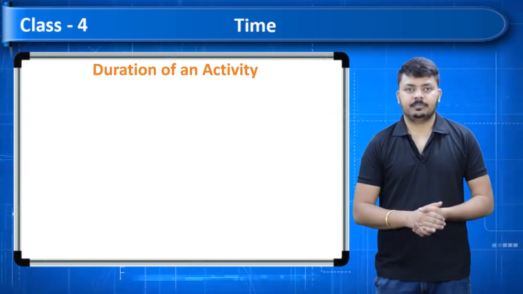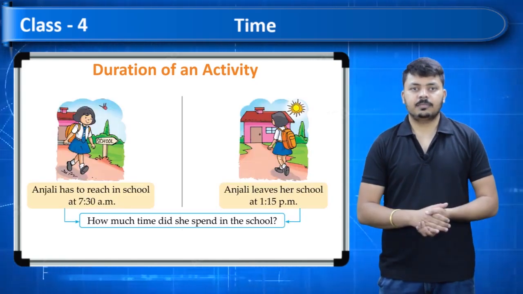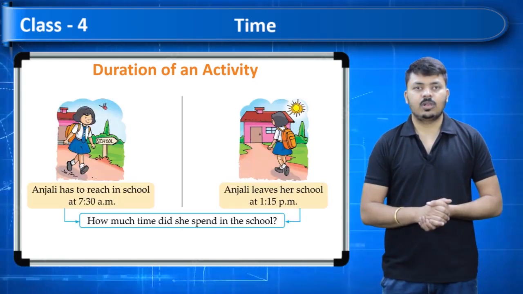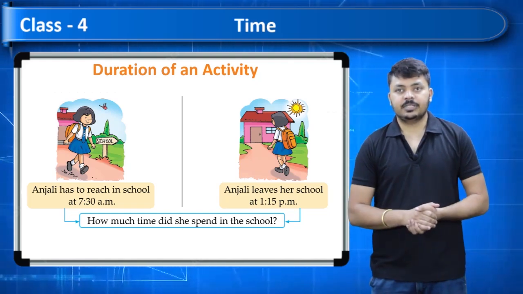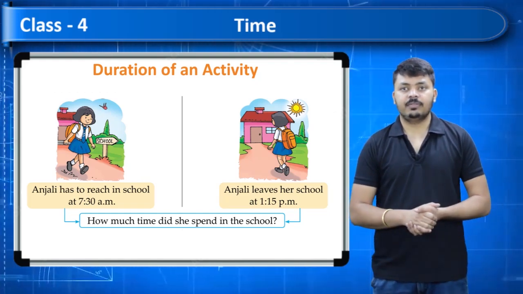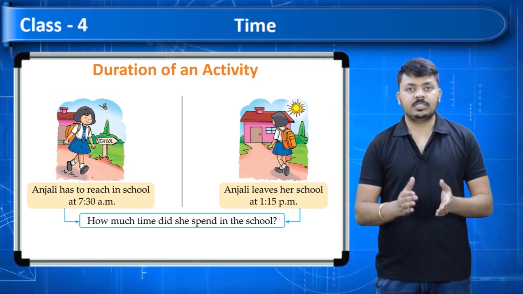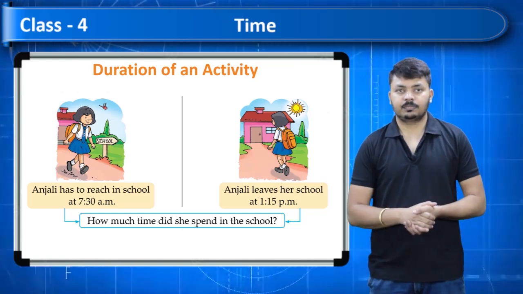Duration of an activity. As you can see, Anjali has to reach school at 7:30 am. In the second picture, Anjali leaves her school at 1:15 pm. How much time did she spend in the school?